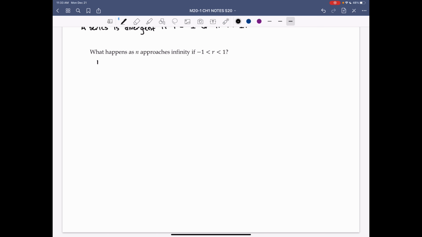We'll use the series 1 plus 1/2 plus 1/4 plus 1/8 plus 1/16 plus 1/32 plus 1/64 plus 1 over 128, etc. Then T1 equals 1, and r we can calculate.